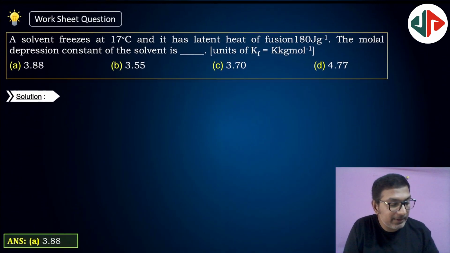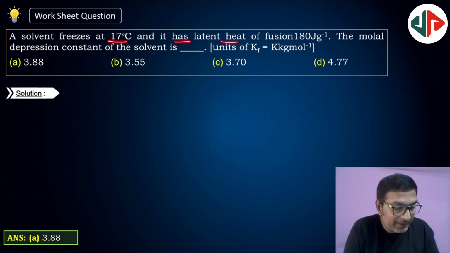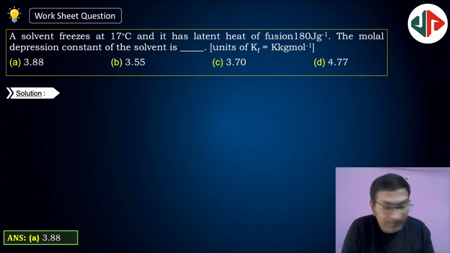Here is the first question. A solvent freezes at 17 degrees centigrade and has latent heat of fusion 180 joules per gram. The molar depression constant of the solvent is? That is a simple question.